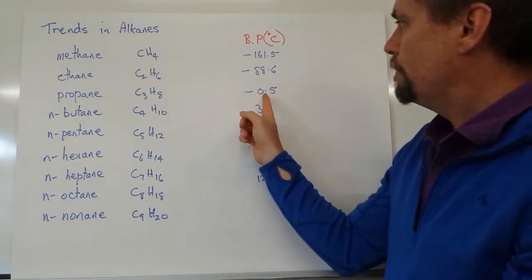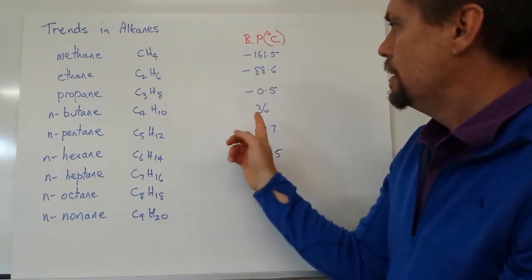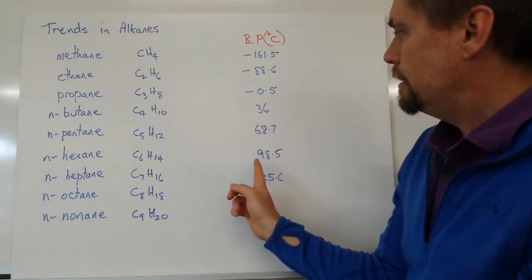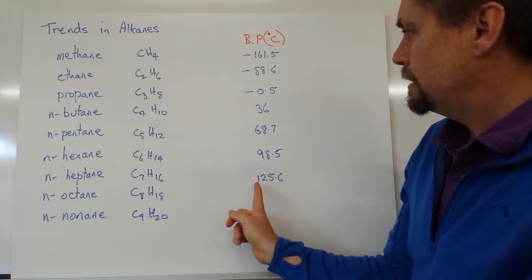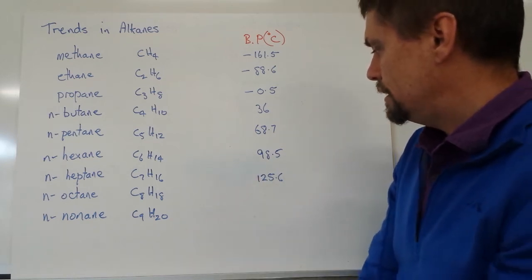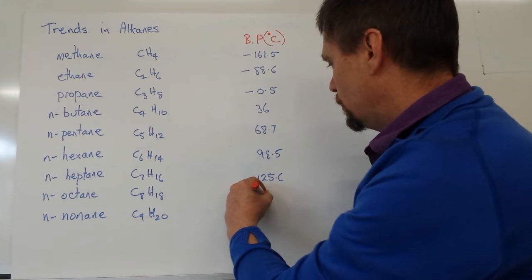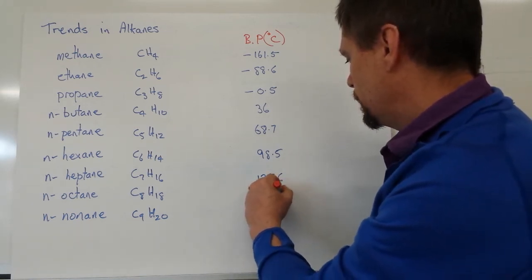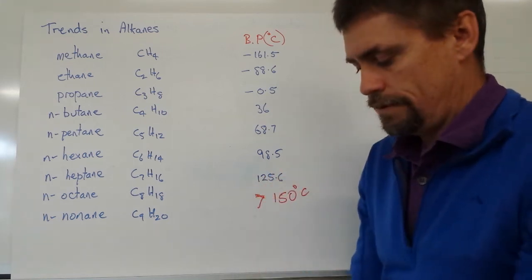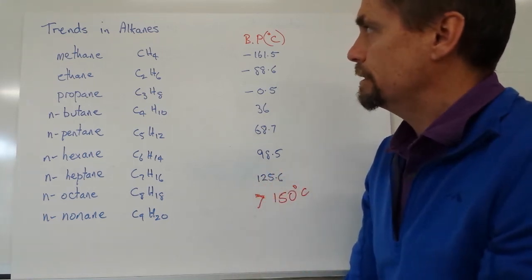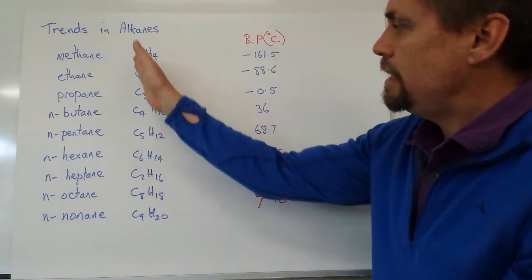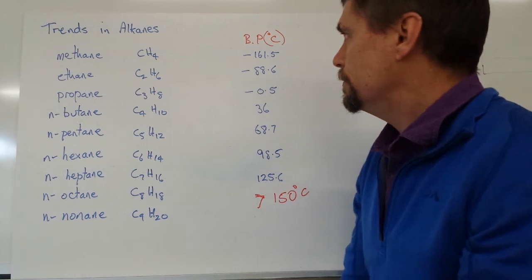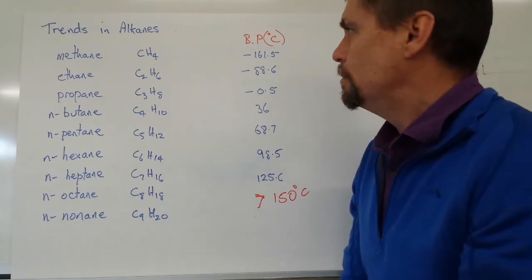We move up to minus 0.5 degrees Celsius for propane, 36 for n-butane, 68.7 for pentane, hexane just under 100 degrees, and heptane 125 degrees, and octane and nonane somewhere in the region of above 150 degrees for their boiling points. So we can say that as we increase the number of carbons, our boiling point increases also. And we find the same thing for melting point as well.